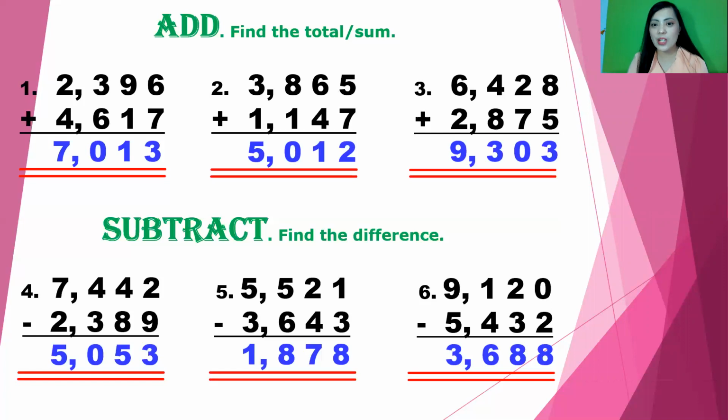Number 3, the answer is 9,303. Number 4 is 5,053. Number 5 is 1,878. Number 6 is 3,688. All right, so that's all.